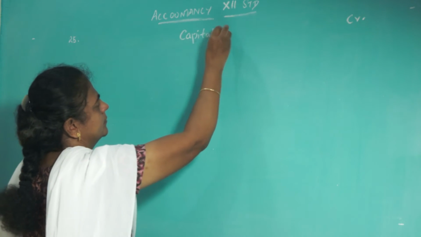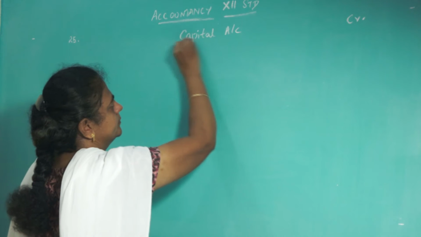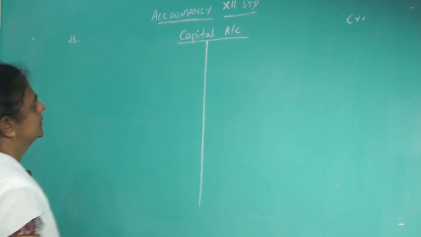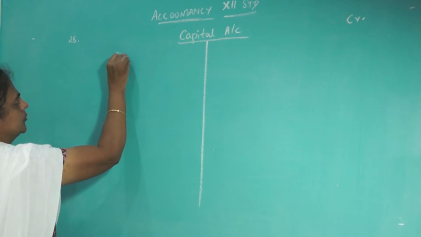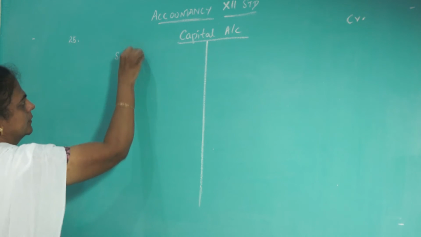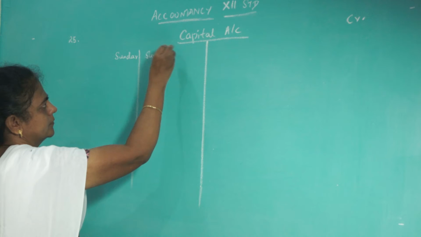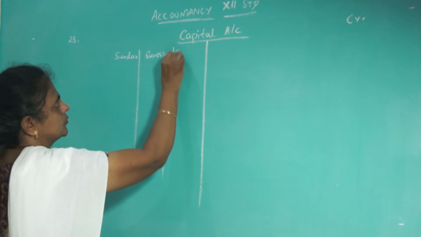Capital account. Three partners are there: Sundar, Suresh, Sukumar.